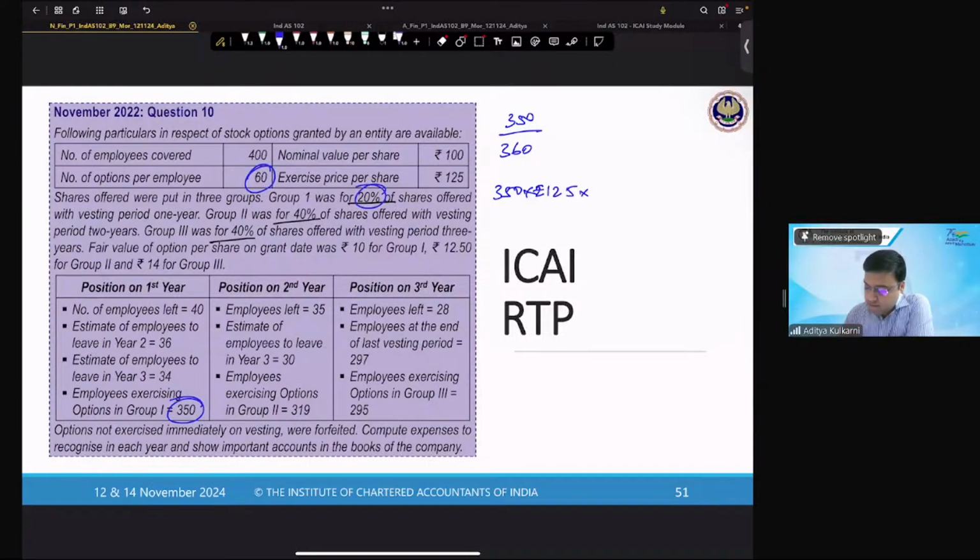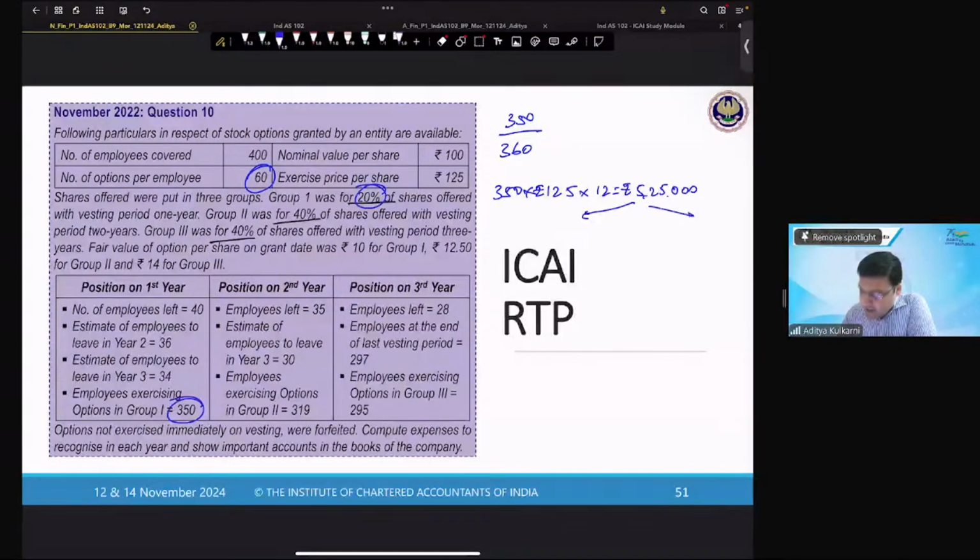So how much money the company has received? 5,25,000. Did everybody get this amount? Yes, sir.